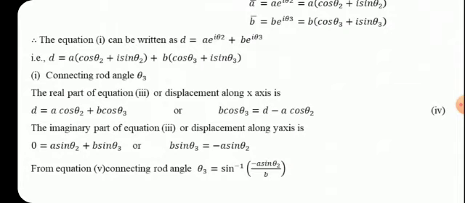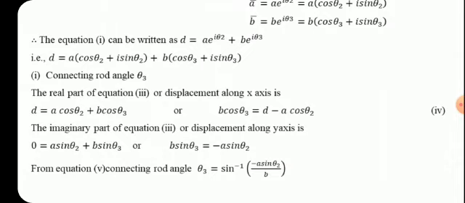Real part of the equation 3 or displacement along x-axis. The imaginary part of equation 3 can be written as displacement along y-axis given by 0 is equal to A sin theta 2 plus B sin theta 3, or B sin theta 3 is equal to minus A sin theta 2.